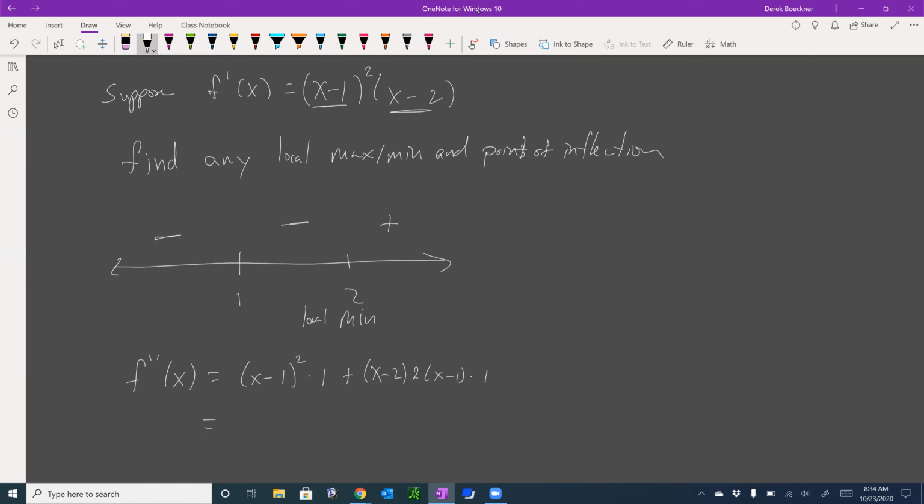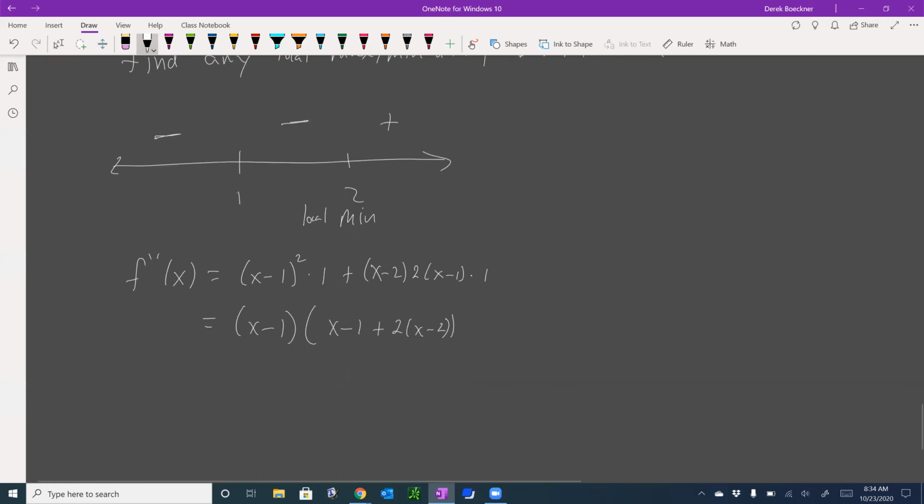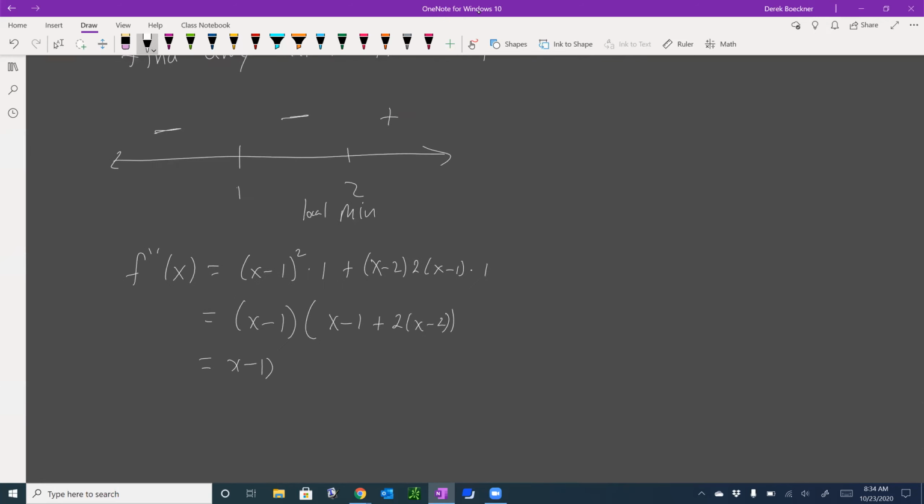Which is equal to x minus 1 times x minus 1 plus 2 times x minus 2, which is x minus 1 times 3x minus 5. So this is equal to 0 at x equals 1 or 5/3. Good.